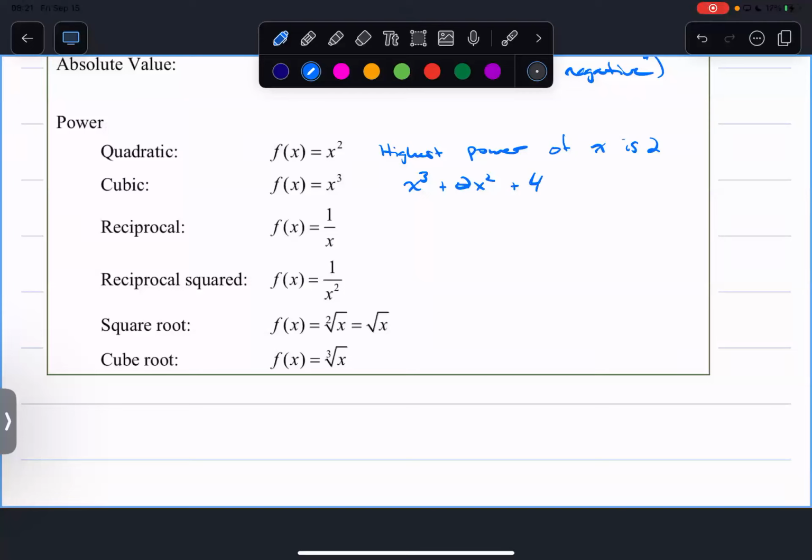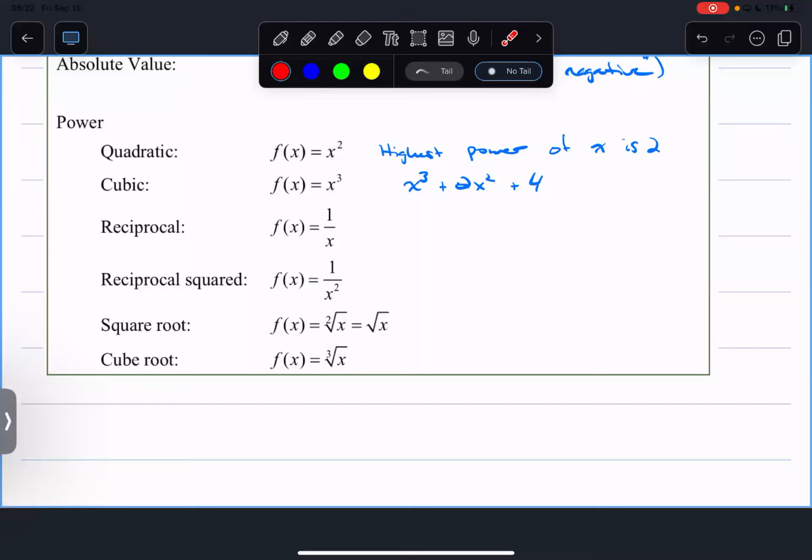If the highest power of x is 3, it's a cubic. Obviously, x is just the placeholder for the input. You can use lots of different variables. You can use smiley faces if you want, but it might slow you down. Smiley face to the power of 3 plus 2, smiley face squared plus 4. You could do that.